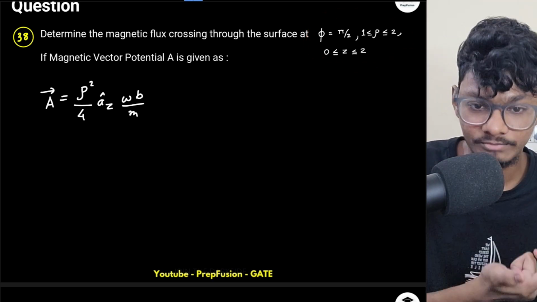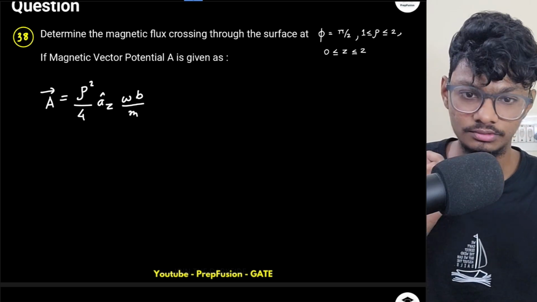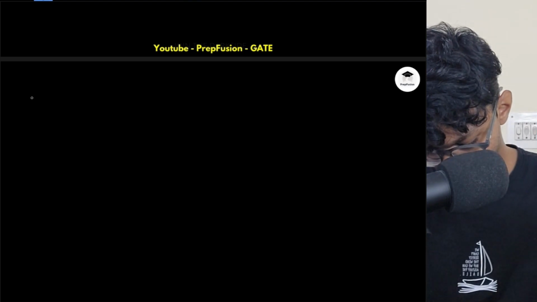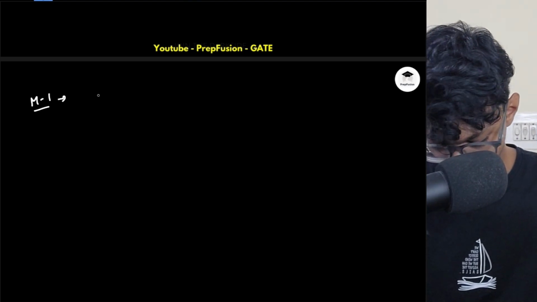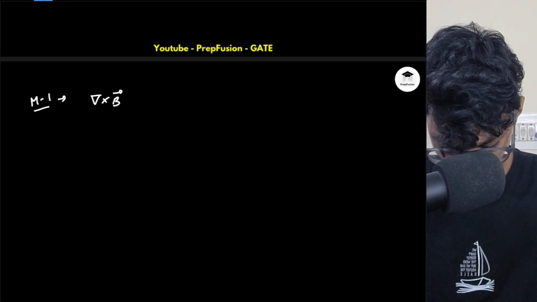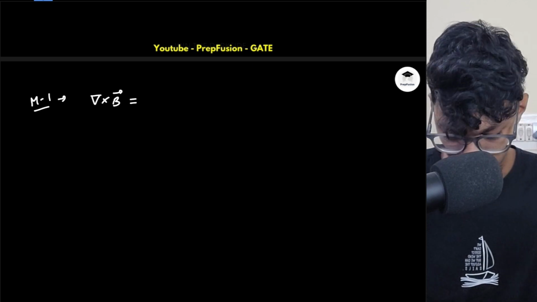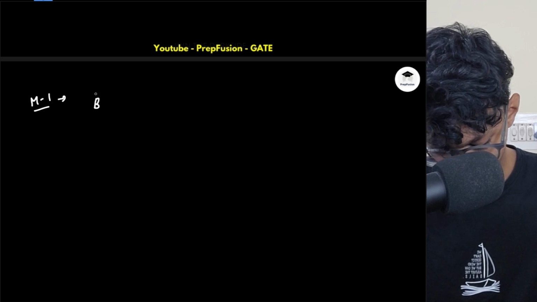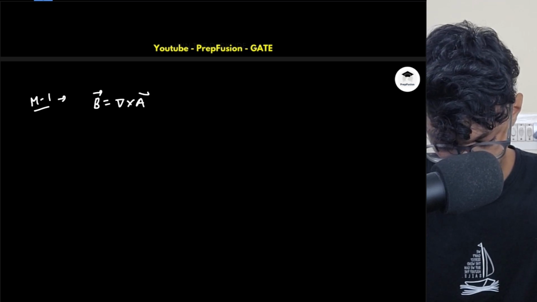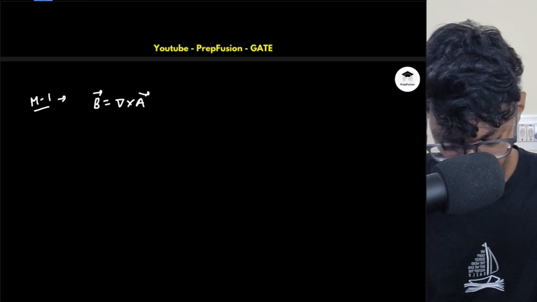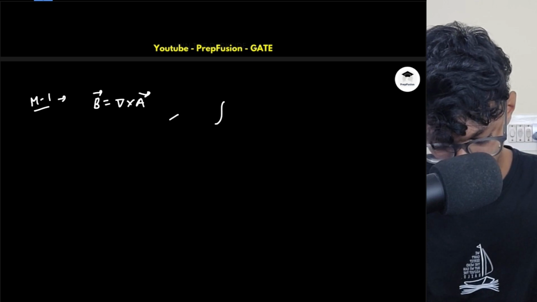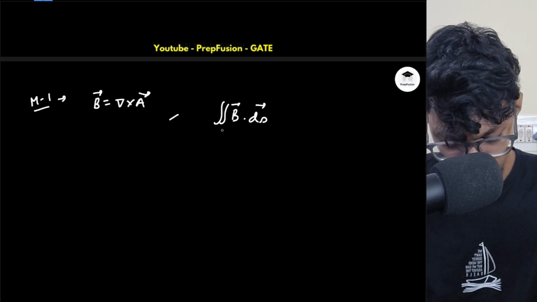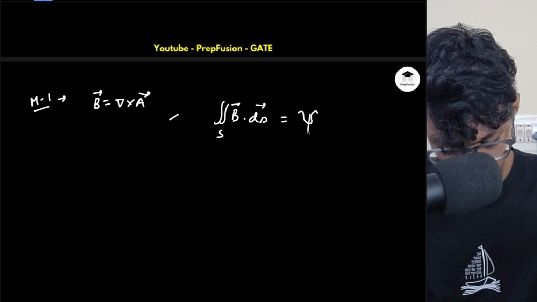Or what you can do is, with the help of A dot dl. Okay, method 1, that I will leave to you as homework. Method 1 is you do B equals del cross A, then you find out B, then you integrate B through this surface, B dot ds, and you find out the flux.